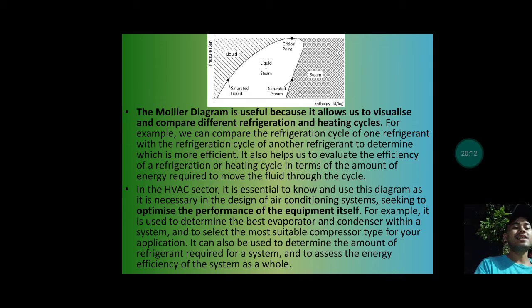A molecular diagram is useful because it allows us to visualize and compare different refrigeration and heating cycles. So you can compare a brand new engine, for example if you go to a 5-year-old ship and you want to check whether your refrigeration is still at its optimum value, you can use the molecular diagram and compare your current diagram with the diagram from when it first came into your ship.